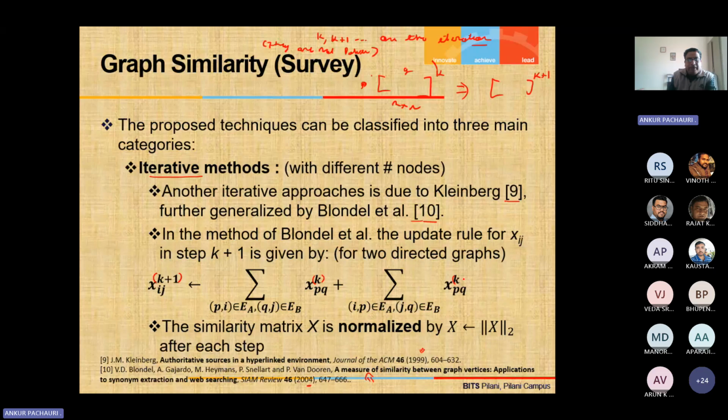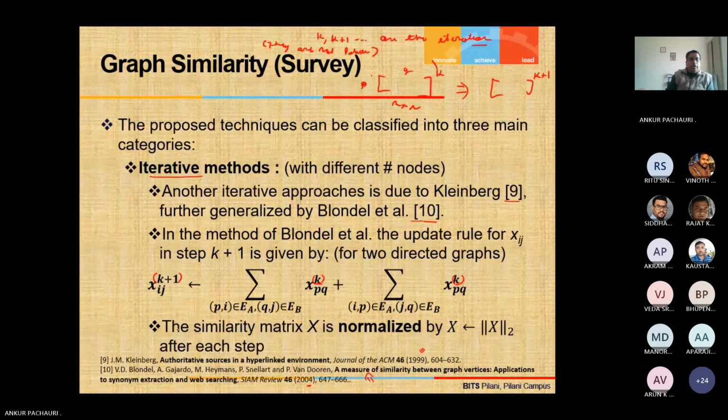So this is the meaning behind this notation. This is not the power. I'm trying to find out the similarity scores of the next iteration from the scores of the previous iteration.